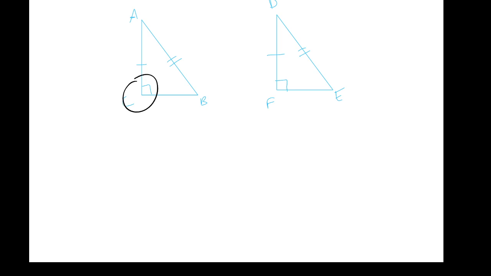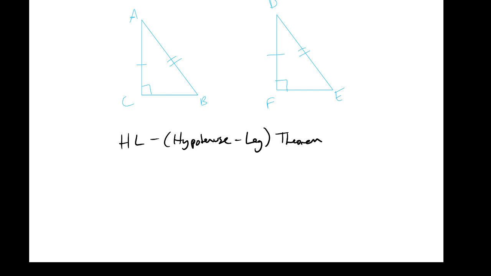Except for, here's our exclusion. We're using a right triangle. So our right triangle is going to use what's referred to as the hypotenuse leg theorem, or the HL for short, because we don't like to write too much. This is our lone exclusion that looks just like angle, side, side.